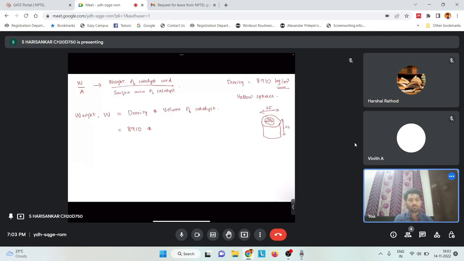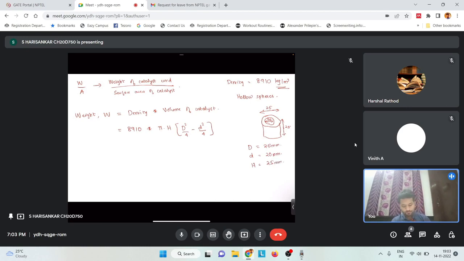So volume of a hollow cylinder will be pi into h into D square by 4 minus small d square by 4, where this capital D is 25 mm and small d is 20 mm and the height h is 25 mm.